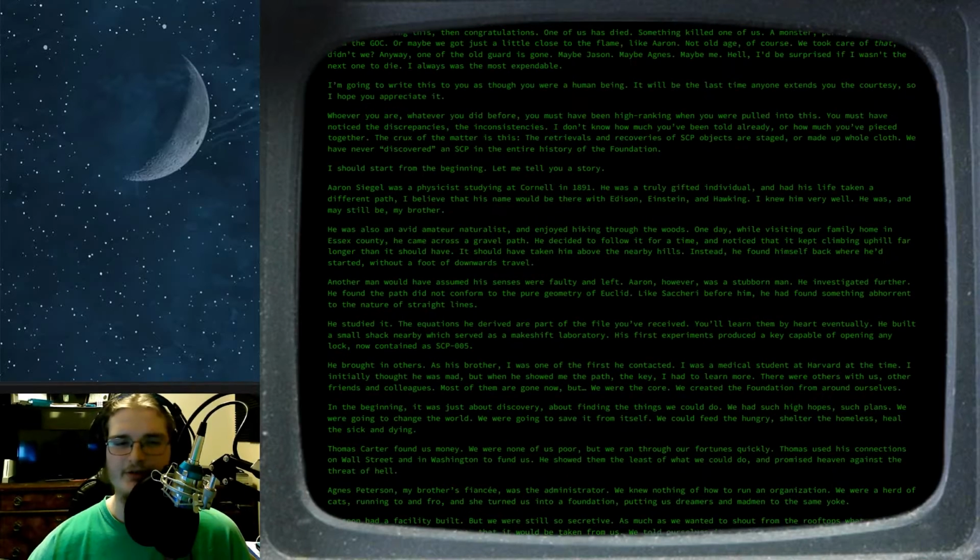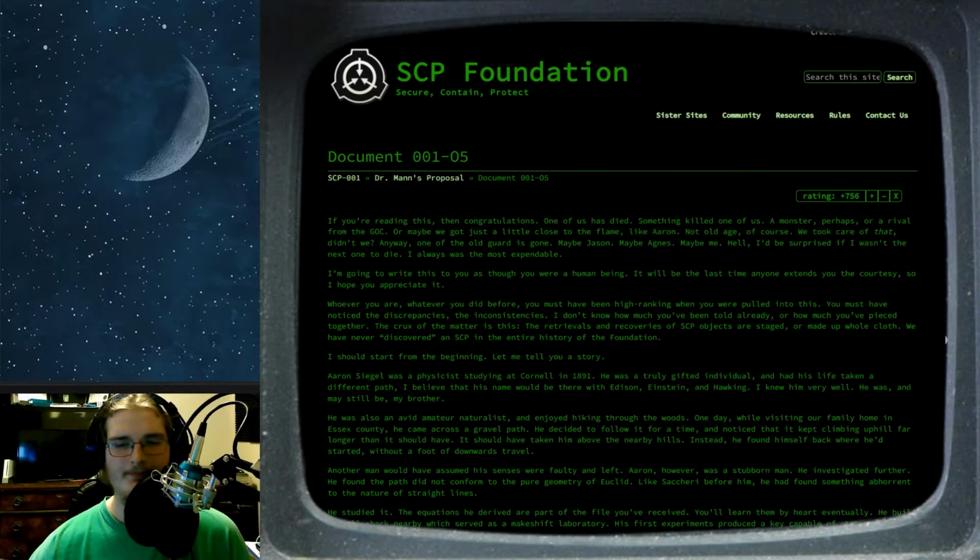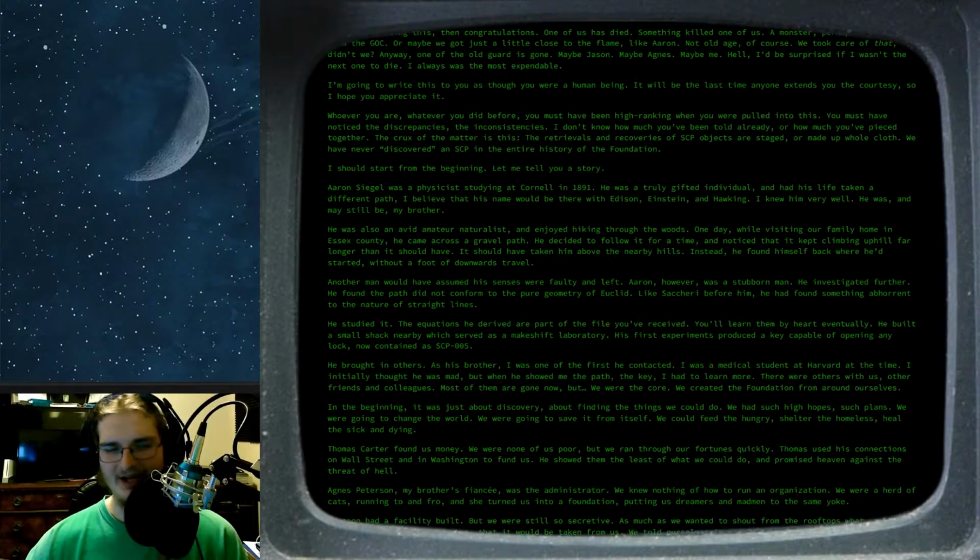Now that is the end of the page, and I think originally I didn't understand why this was a 001, I guess, proposal. It's not actually a 001, but I didn't understand why, but I think that's just because my expectations of what a proposal would be were different than what they actually are.